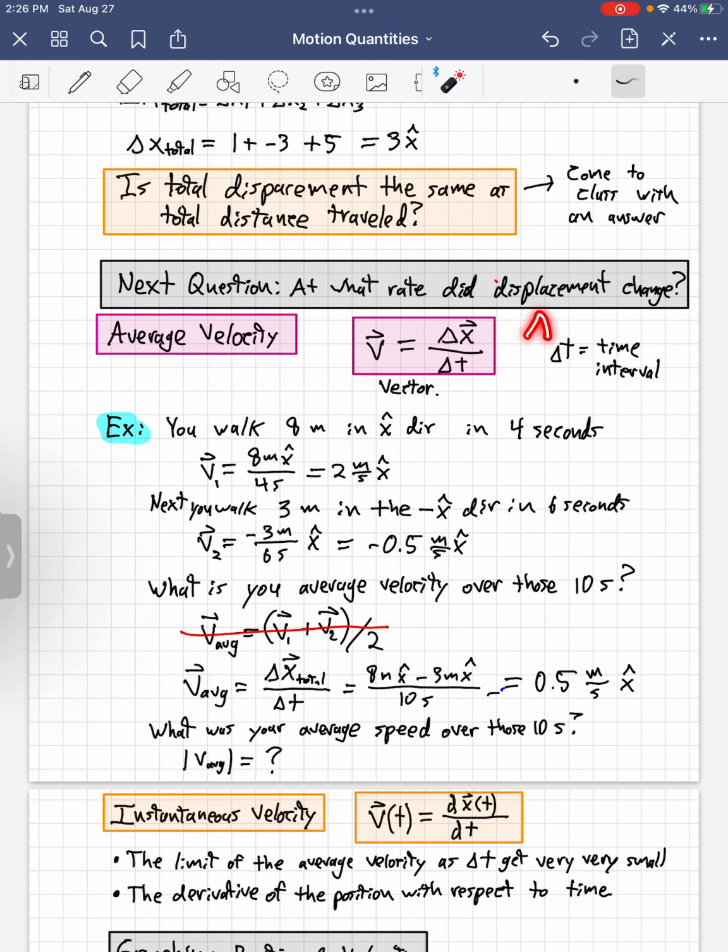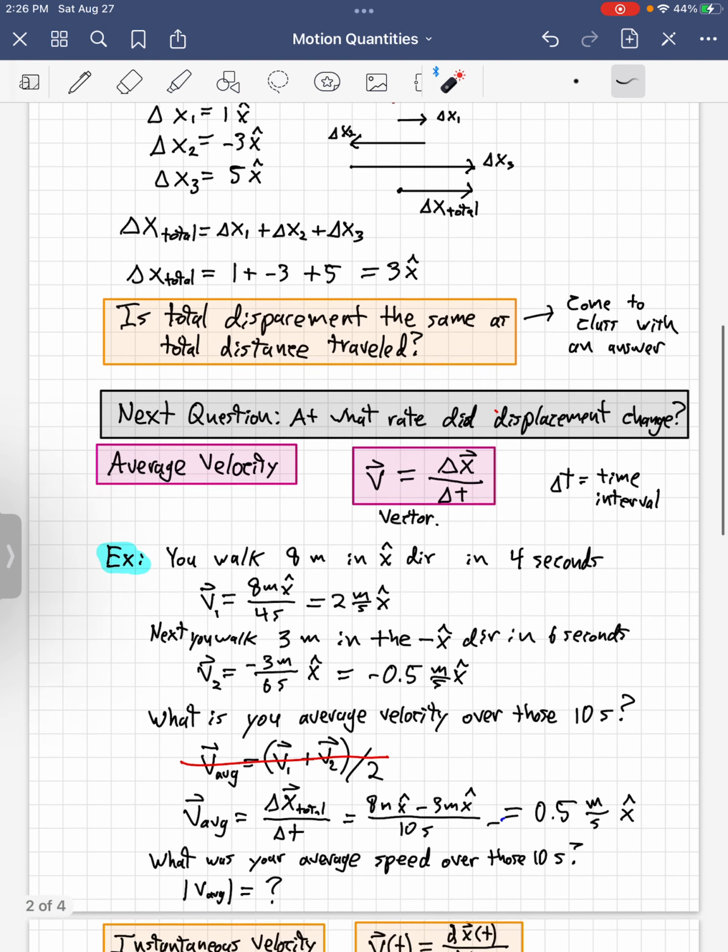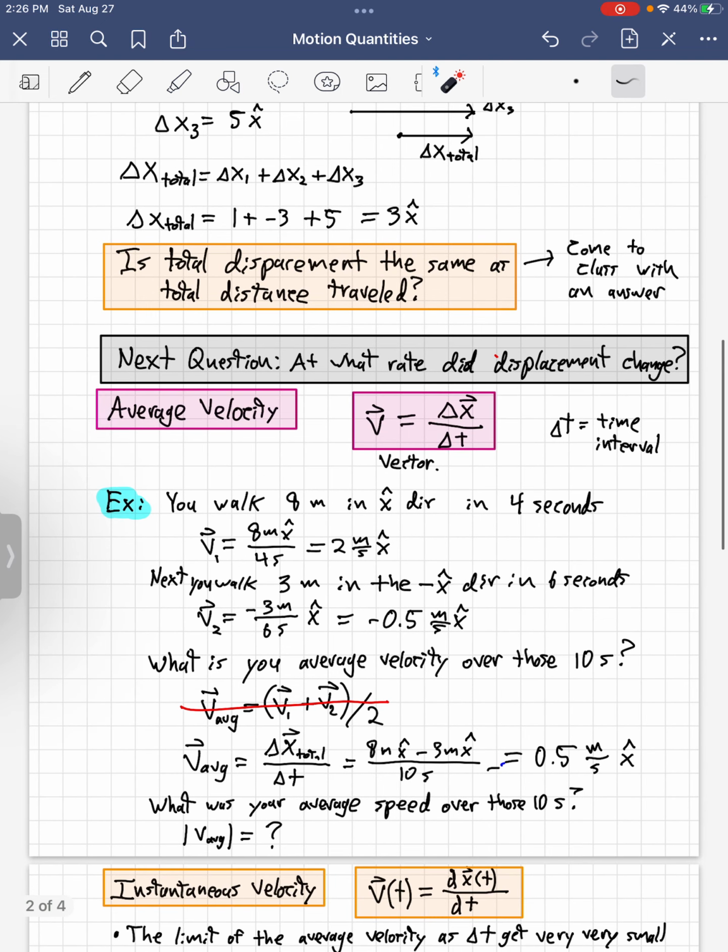This little triangle. And delta means kind of a change in this variable, right? So delta x is a change in position, and delta t is a change in time. Anyways, our average velocity is going to be our change in position, the displacement, over the time interval that it took to have that displacement.